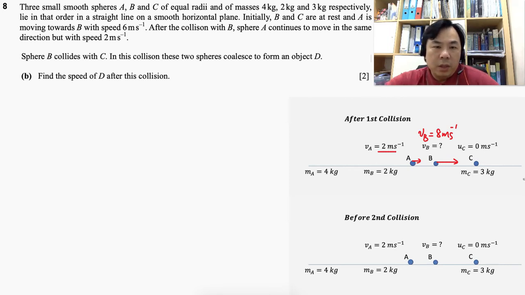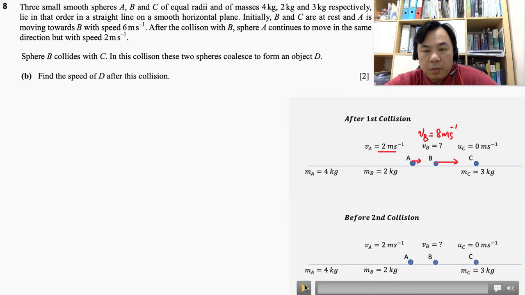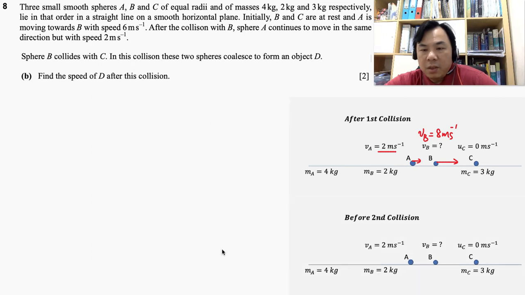So before the second collision, B would approach C. You can see that B approaches C and they coalesce, meaning they join together. Don't forget that A is still in motion at this speed.